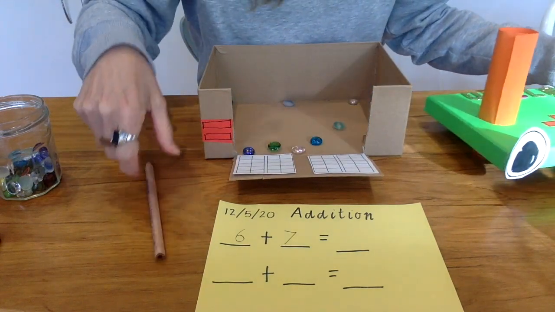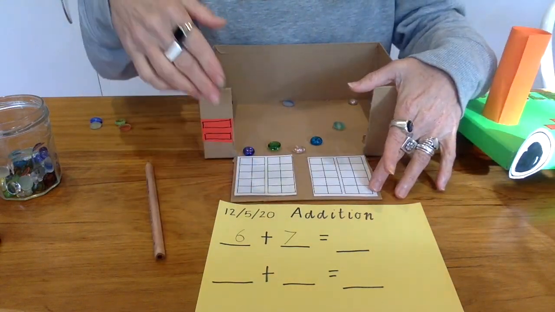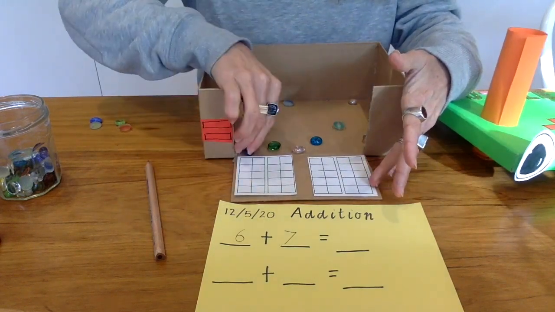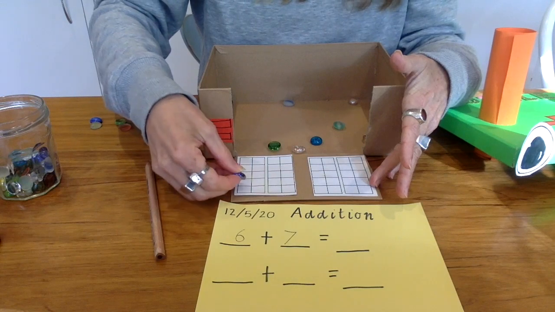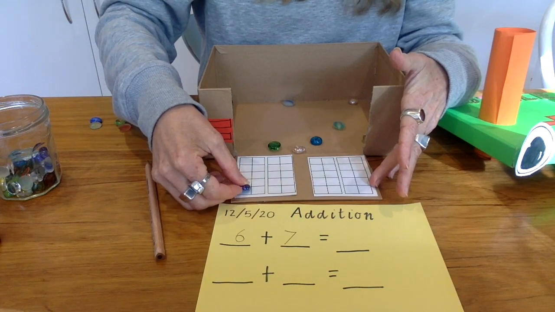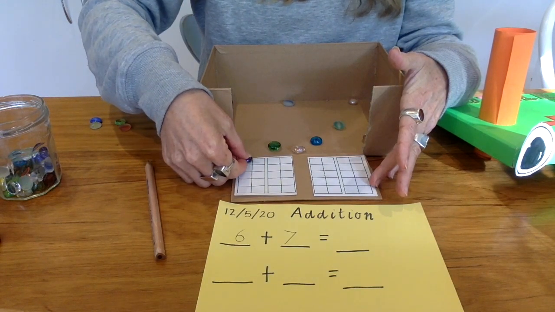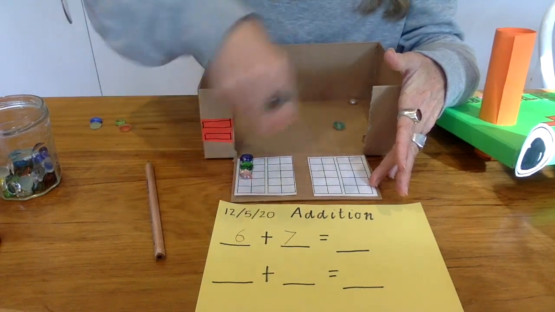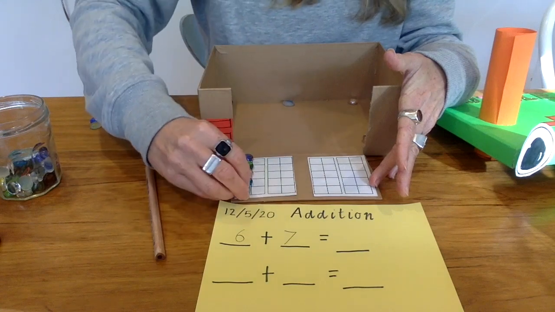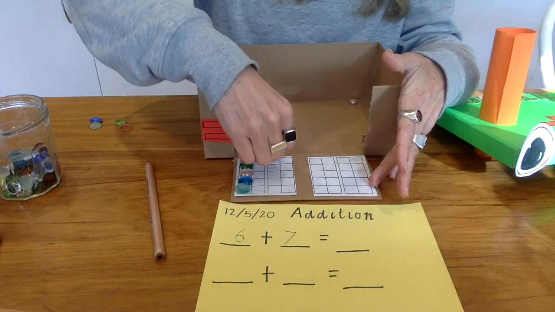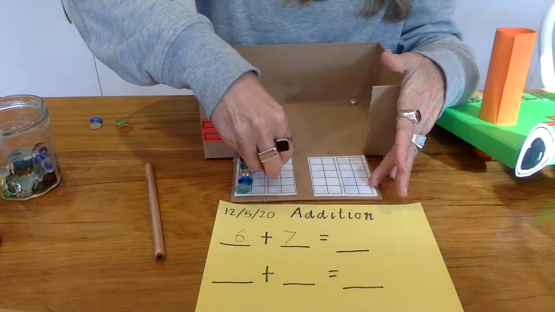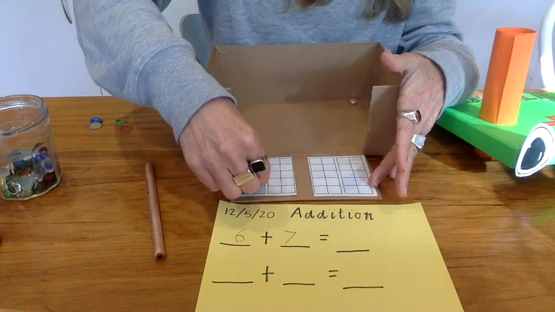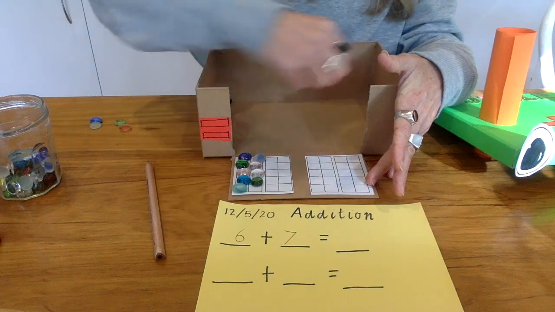Now, so you can see what I'm doing, I'm going to take the lid off my addition machine and I'm going to lay out my counters in a tens frame formation. So even if you don't have a tens frame, put them in rows of 5. 1, 2, 3, 4, 5. Then I start a new row. 6, 7, 8, 9, 10.